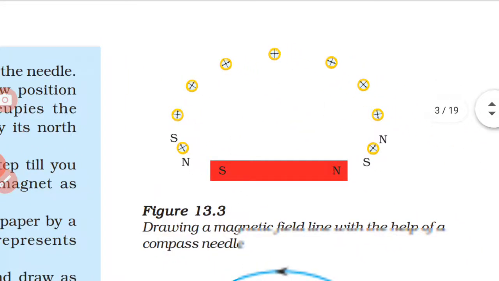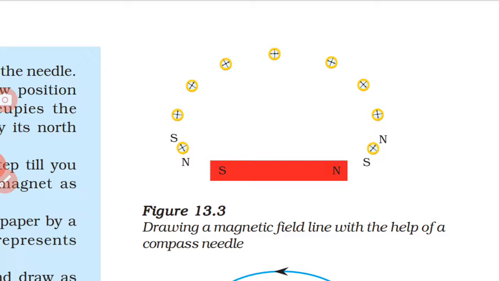Now next, we should study activity 13.3 in your textbook. For this activity you need a bar magnet, a magnetic needle, white paper, a drawing board and a pencil. First, place the white paper, then put the magnet in the center and mark its position with the pencil.